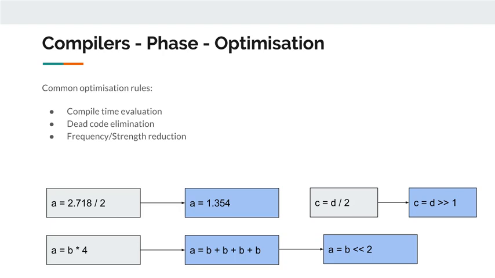If I have a multiple of 2, then I can just do a binary shift on the left. So I end up with A equals B binary shift left by 2, and I have the result. These are the basic operations we can apply to the abstract syntax tree in order to have a much more optimized source code.